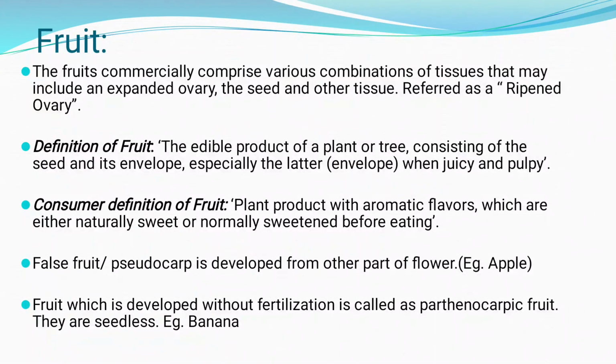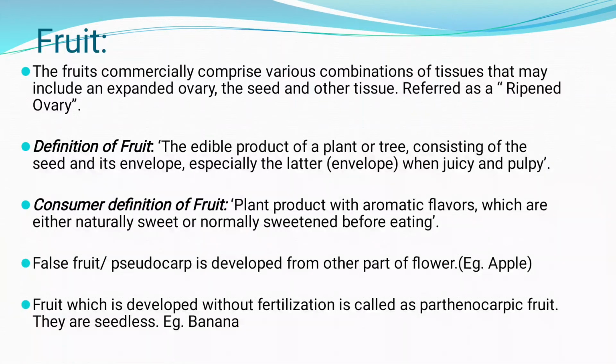What is the actual definition of fruit? The edible product of the plant or tree consisting of seeds and its envelope, especially when the envelope is juicy and pulpy. So fruit is the edible product of the plant, having seeds, especially juicy or pulpy material in it.